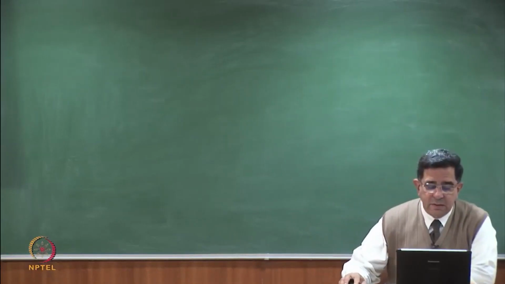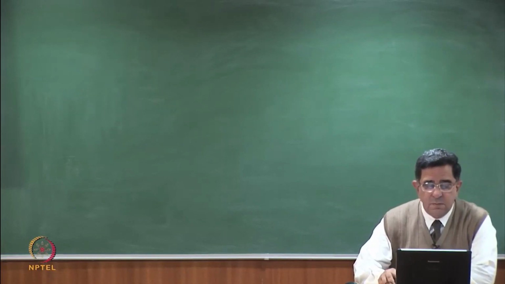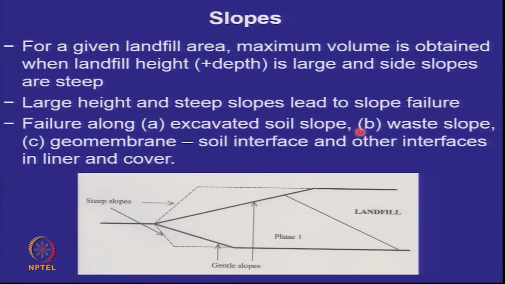So we are going to look at stability of slopes, and remember the objective is that for a given landfill area we have very little control on the area. We can ask for a certain amount of area for a 20 to 25 year design period.